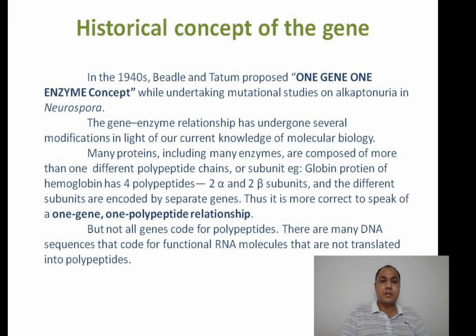Heteromultimeric means they are composed of more than one type of subunit, and each type of subunit is encoded by a gene because it has discrete information. For example, the globin protein, a part of hemoglobin, has four polypeptides, two alpha and two beta.